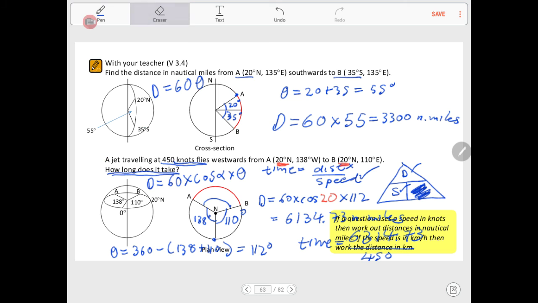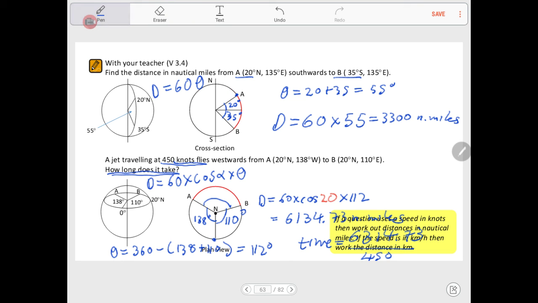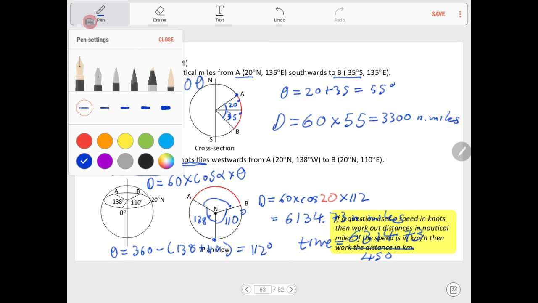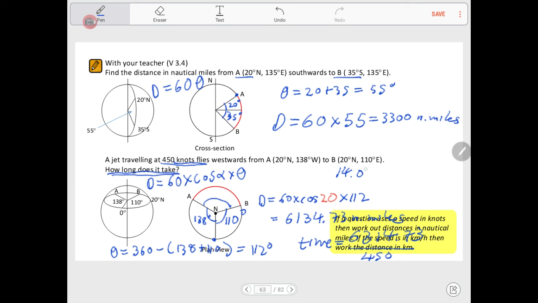I'll just rub this one out and make some extra space here because we've done all that working out. 14.0327 hours. Now I'm happy with that answer there, but we could convert this to hours and minutes by giving it the DMS treatment in the calculator, just like you do for an angle.